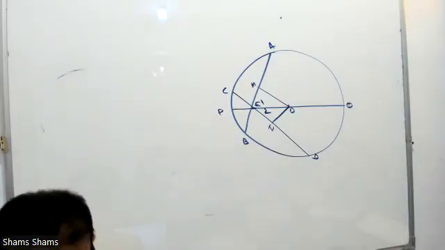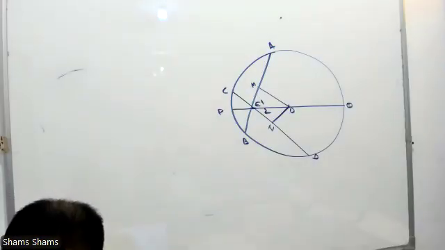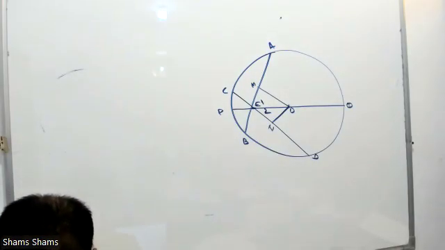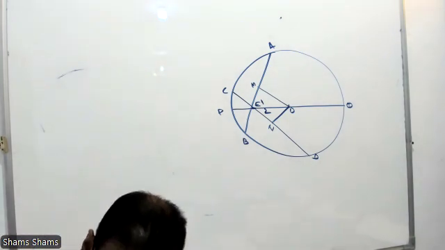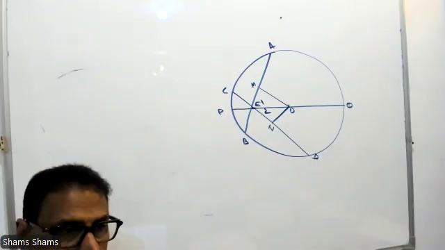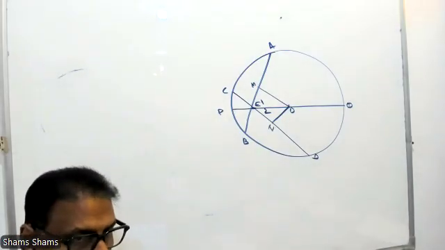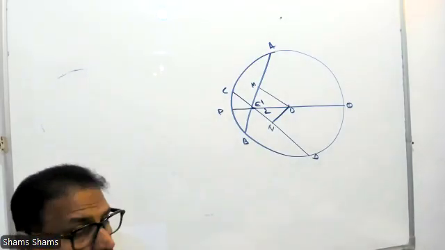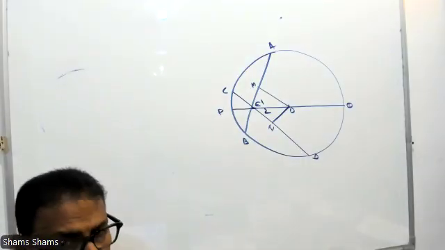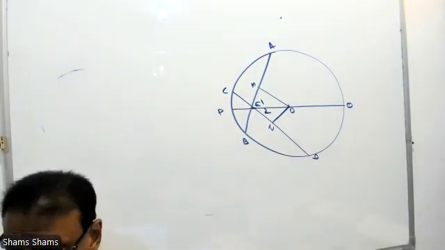Then angle 1 equal to angle 2, given. Therefore, triangle OME is congruent to triangle ONE.